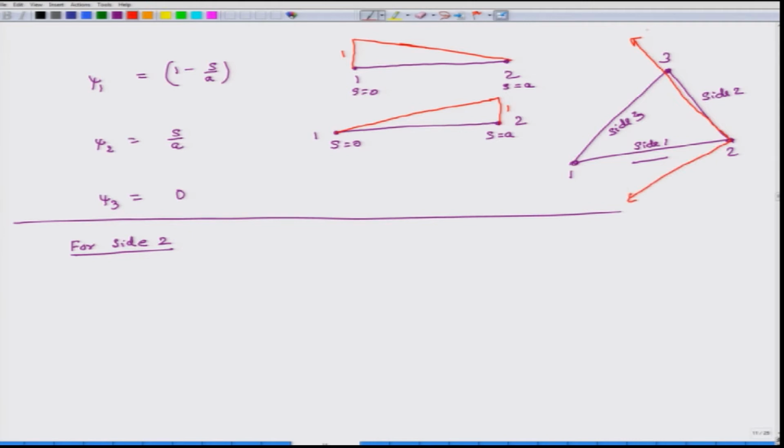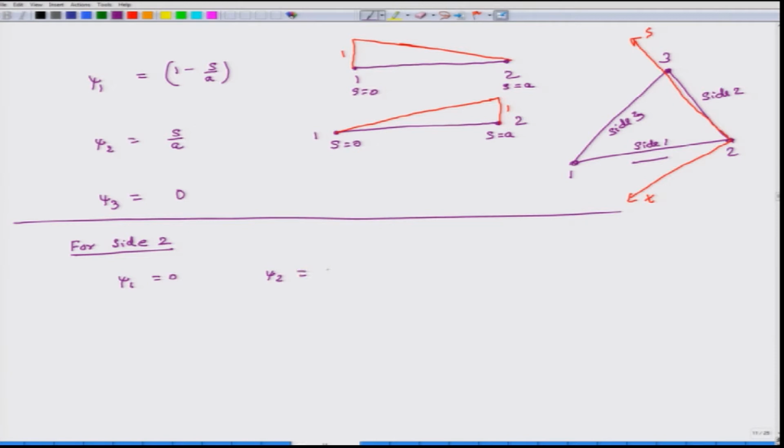This is my S axis, this is my T axis. If I have to compute shape functions for side 2, then psi 1 is the shape function associated with node 1. So, that will be 0, because that does not figure in this.